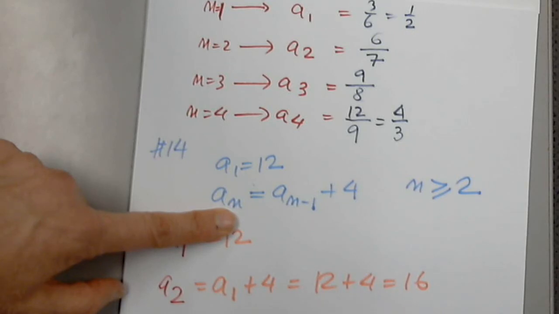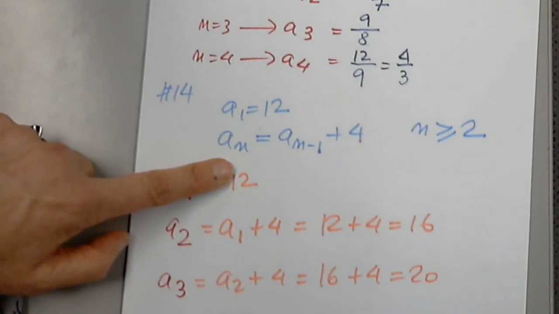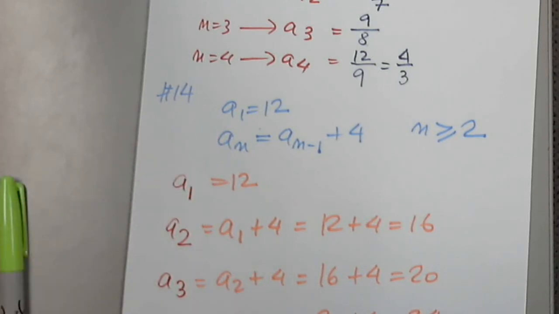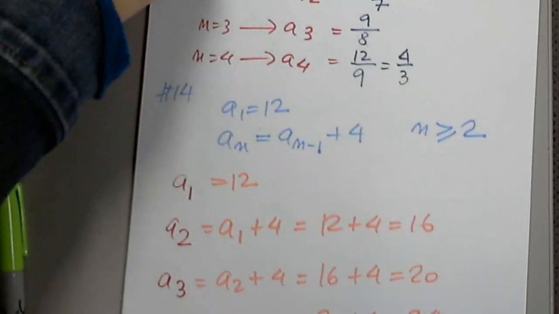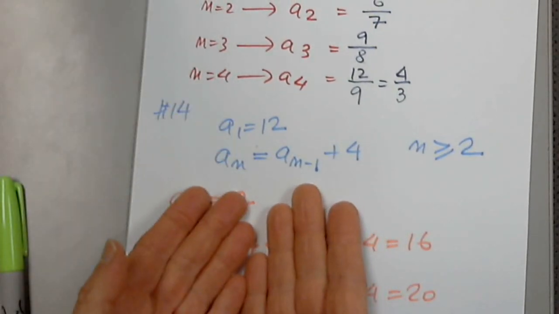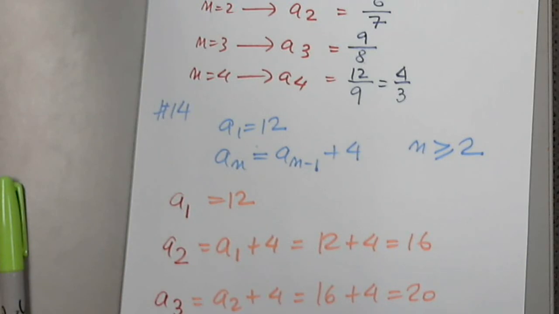I have A2, which is 16 plus 4, which will be 20. That's it. And then A4 is A3 plus 4, and I have A3, which is 20 plus 4, which is 24. That's the way we determine the terms of a sequence if the general term is given and if a relationship is given between the terms of the sequence. That's all it means.